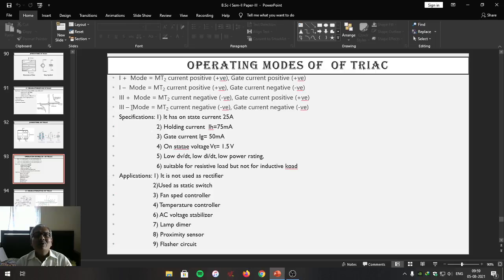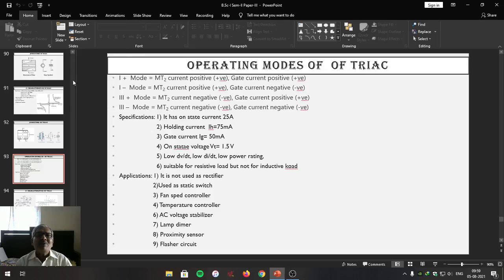Quadrant 3 in negative mode: MT2 is negatively biased and gate is also negatively biased. So these are the 4 modes of operation in which the triac can be made to work.